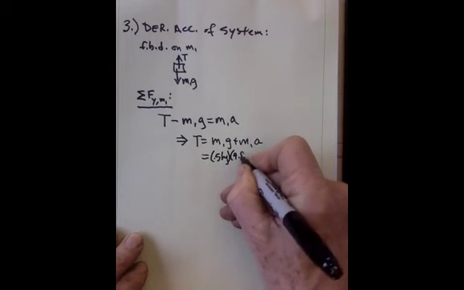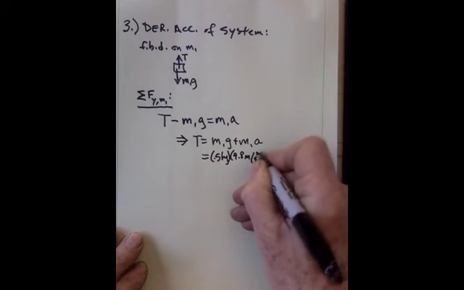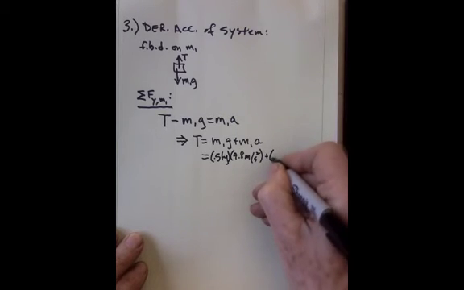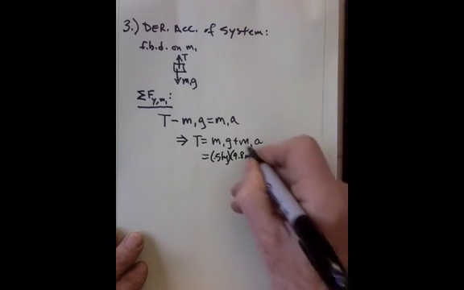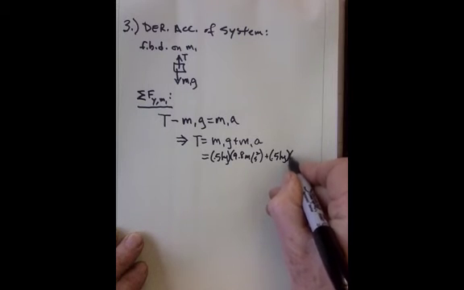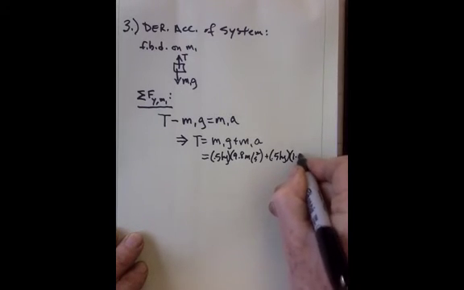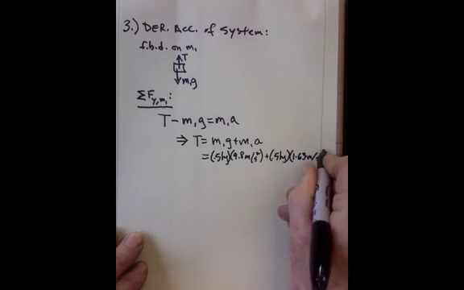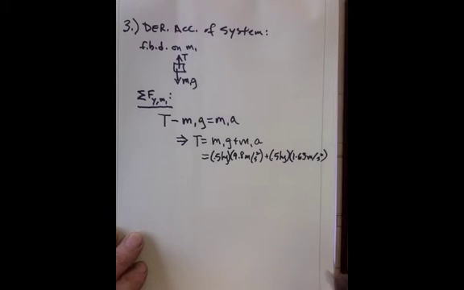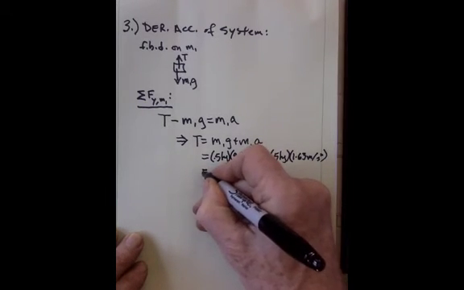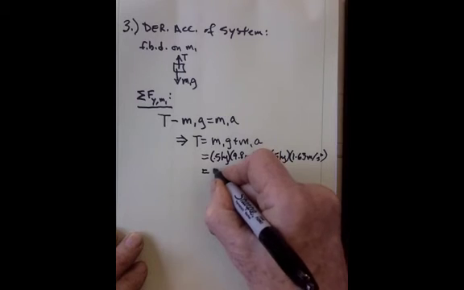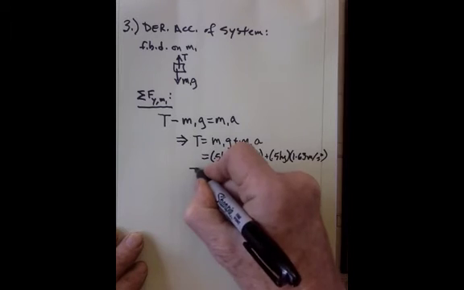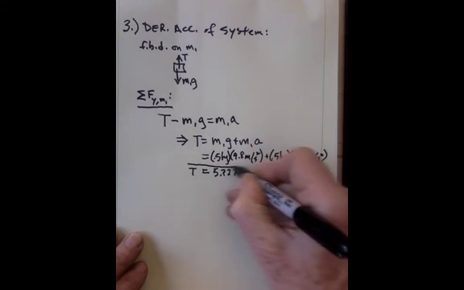I have 9.8 meters per second squared for the acceleration of gravity, g, plus 0.5 kilograms for the mass times the acceleration. I did the problem beforehand. It turns out the acceleration of this system is going to be 1.63 meters per second squared. If you do the math, once you have these numbers down, you come up with a force of 5.72 newtons. And in fact, if you were looking for that tension, you would box that result.